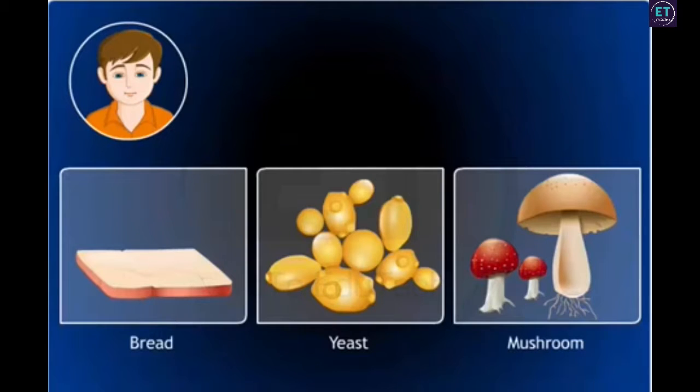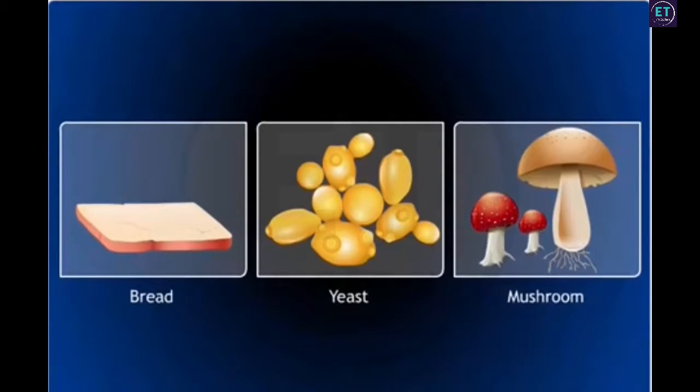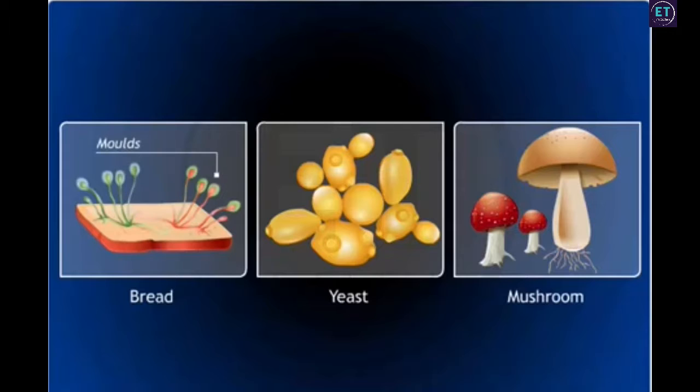Do all heterotrophic organisms take their food in the same manner? No. Different organisms obtain and ingest their food in different ways. Fungi, like bread molds, yeast, and mushrooms, break down non-living organic material outside their bodies before absorbing it.